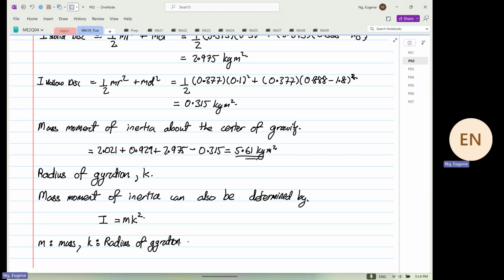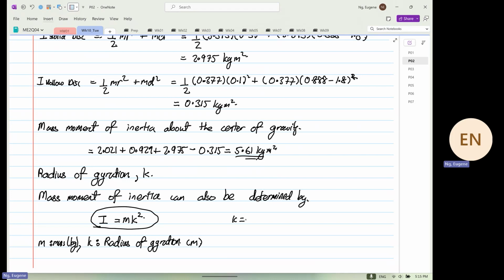When this is given, you don't need to do what we have just done. You just use the radius of gyration and you apply this formula over here, you get your second moment of inertia.